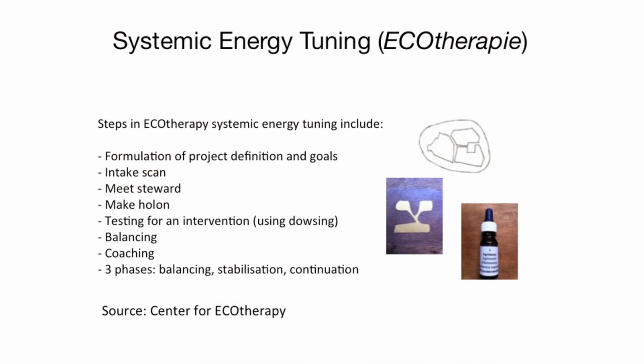Based on where the system is now in relationship to the goals that we want to achieve over the next year. So we do that scan, and then based on that scan, we'll ask the system, using some of the dowsing techniques, the body-based techniques, we'll ask the organization or the community, whatever level it is, what's the intervention that you now need to be able to take the next step? And often, in my experience of working with these practices, the first thing is grounding.